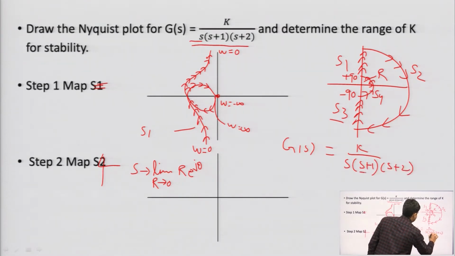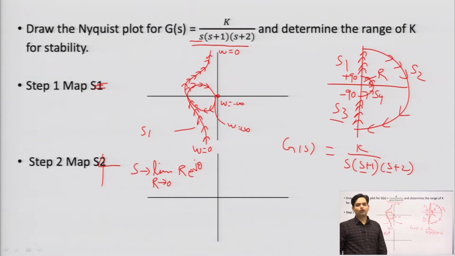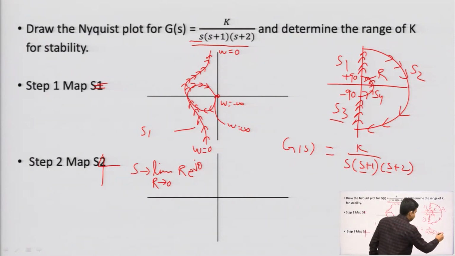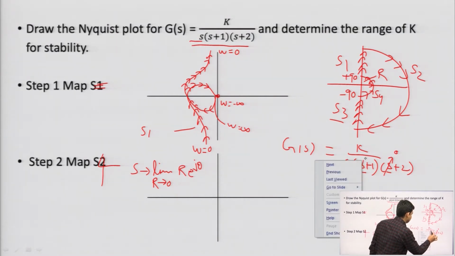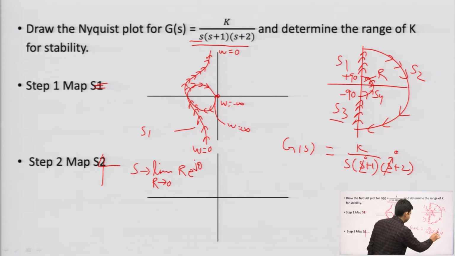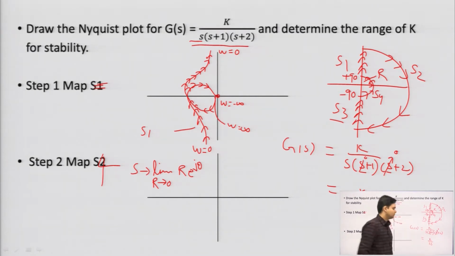Here s is going to 0, so s is a very small value. As compared to 2, s is very small, so we can neglect it. The same way, as compared to 1, this s is very small, so I can assume it is near 0. In that case I get k over 2s. Now, I need to replace s by this function.